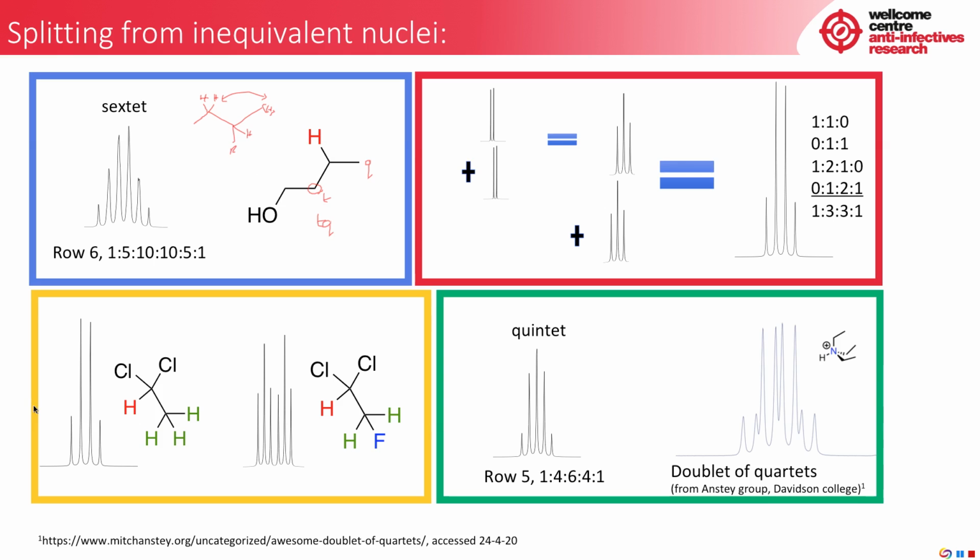And in fact, this is a sort of general principle. You can construct signals this way. So 2 doublets, if they are separated by the J value, so they have another coupling of the same J value, add up to give you a triplet. 2 triplets, a quartet, and you can see you can add the line intensities and get the correct numbers.